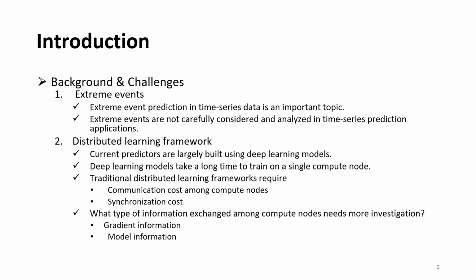However, the traditional distributed learning framework requires a large amount of communication costs and synchronization costs. Moreover, we want to do a sensitivity study on what kind of information can help accelerate the training process.